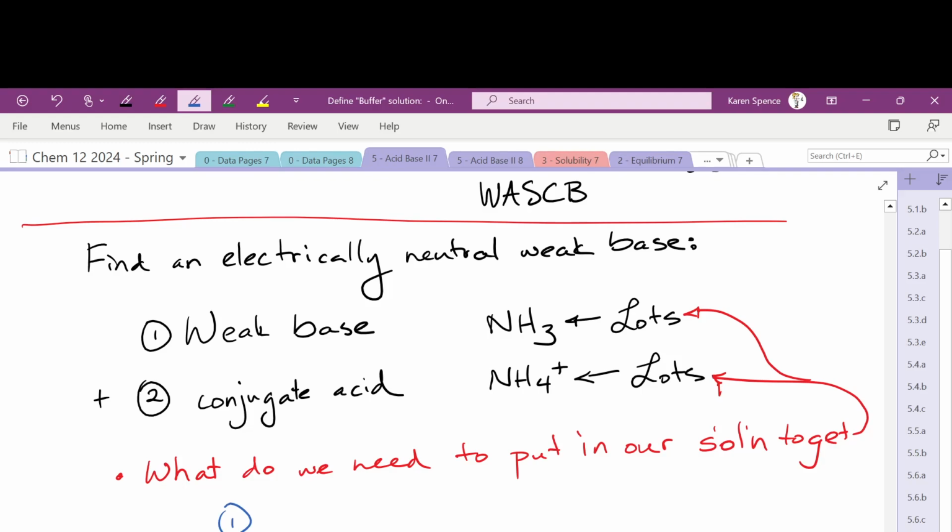Sorry, my writing is not working very well. Don't think too hard. Once again, one of them is super obvious. NH3, we need to put in NH3, yes. And NH4NO3, because can we add NH4 plus all on its own? You can't add ions all on their own. They have to come as part of a compound.